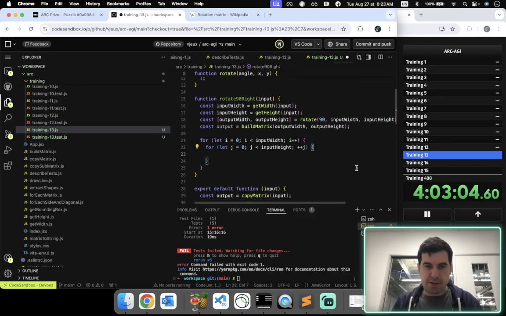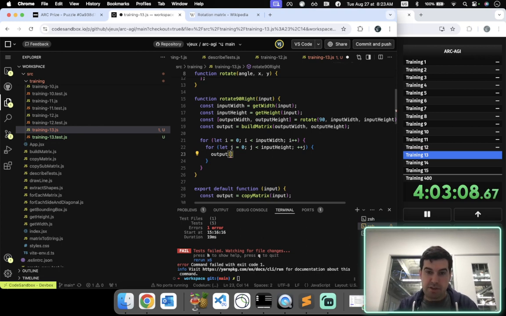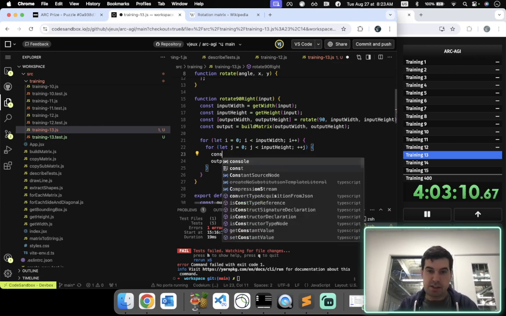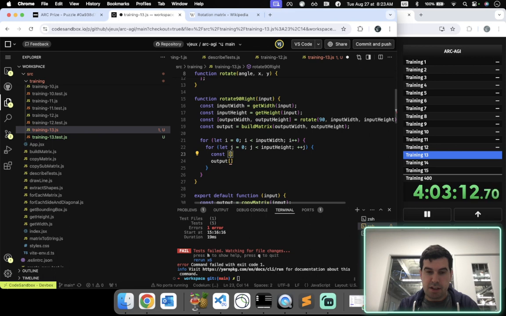Okay, and so now what we want is output x, output y equals rotate i, j. And so now we want output, so this is y.